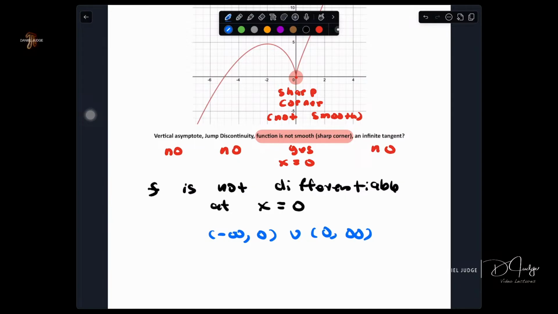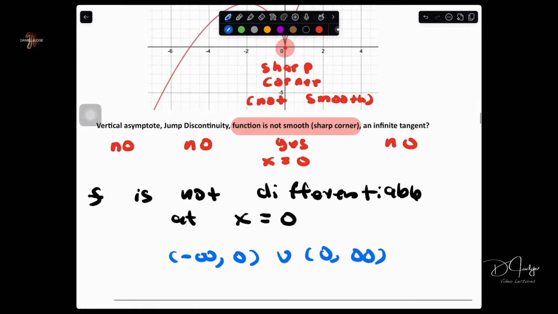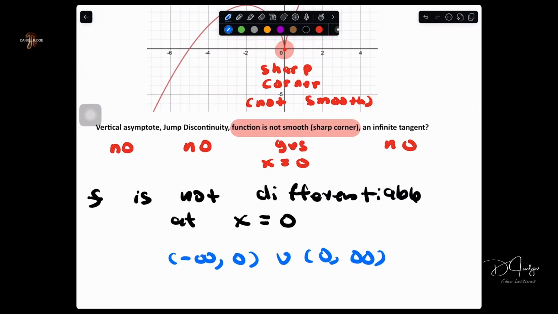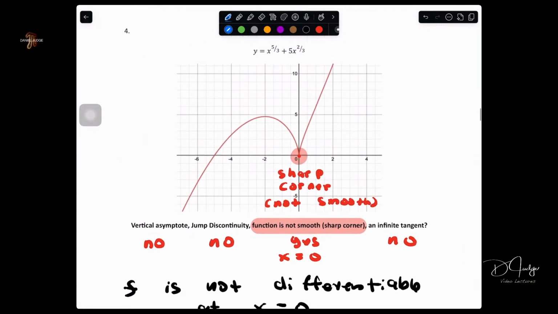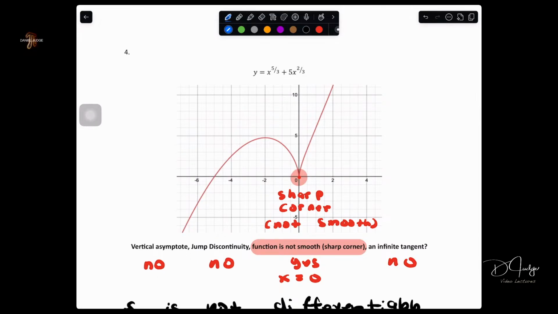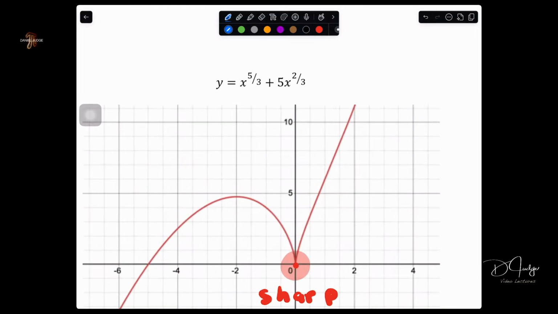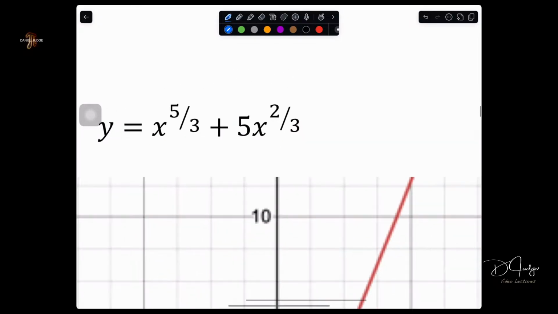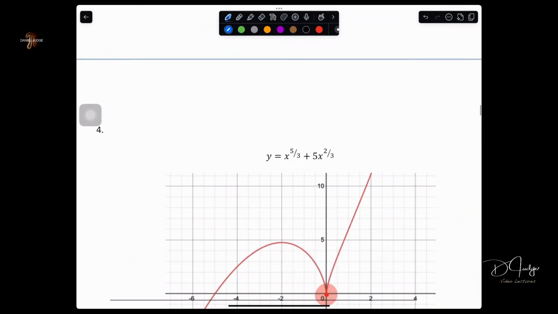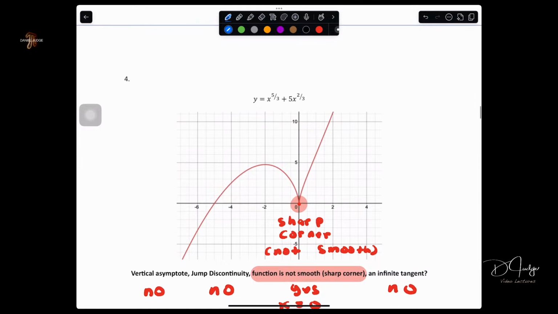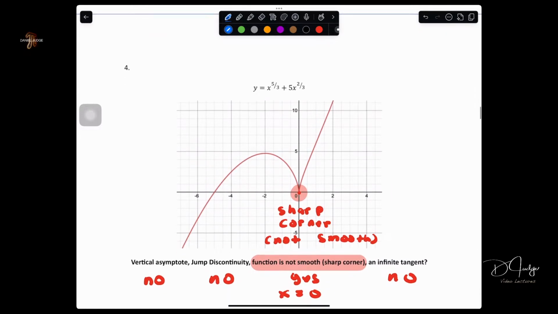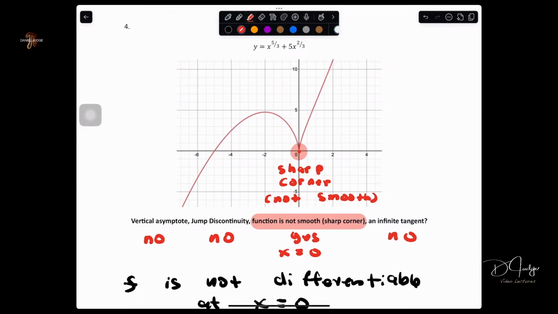So this is kind of just remarking about this. We'll probably look at another video that has that information. Okay? So rational exponents, fractions, where your powers are fractions, they are issues. And as you guys can see in this case, there's a yes for not being smooth, having a sharp corner.